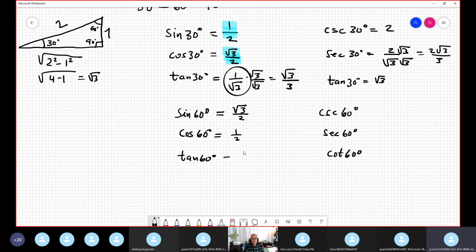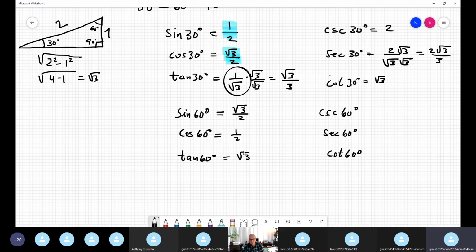And tangent 60 degrees is, oh, this is cotangent. Sorry. This is cotangent 30 degrees. It's obvious, right?